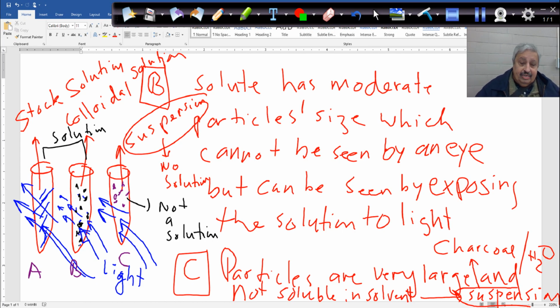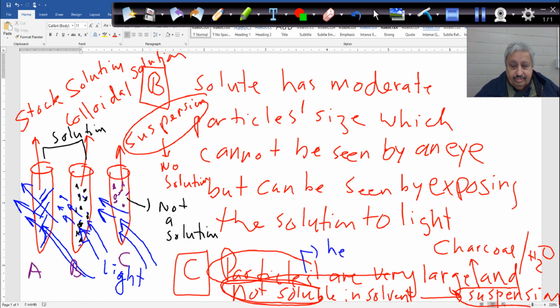And this is not a homogeneous mixture, this is a heterogeneous mixture. So very large and not soluble. Okay, so not soluble meaning what? Meaning this is a heterogeneous mixture. Okay, guys. So therefore, those are homogeneous mixtures, correct?